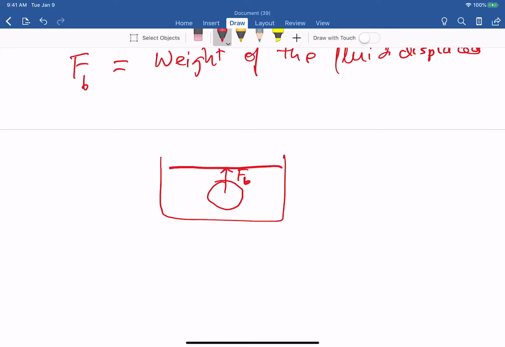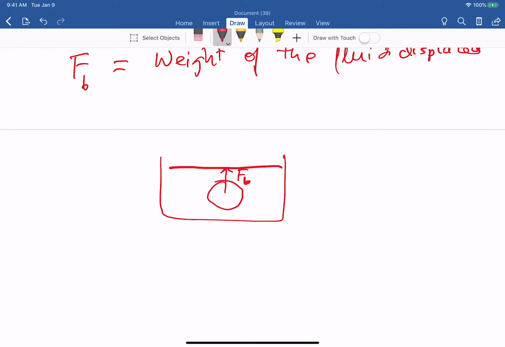Remember that fluids are incompressible. So if this stone has a volume of 27 cubic centimeters, for example, then exactly 27 cubic centimeters of water has to get out in order to make room for it, because it's not possible for water to squeeze and make room for it, right? Fluids are incompressible.